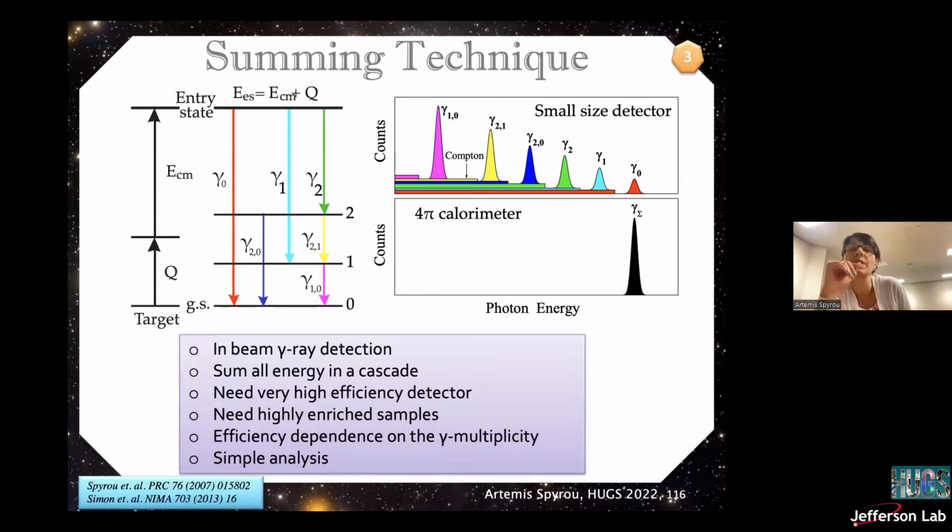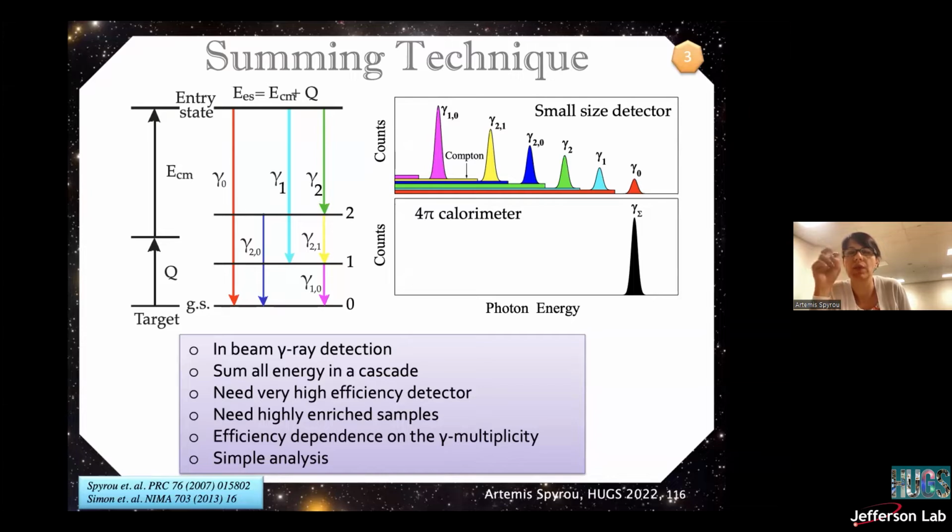For the cosmic rays, I think with the stable beam facilities, if cosmic rays are a problem, then that's when you go underground that I mentioned earlier. Another way that we have dealt with cosmic rays, I've done it in inverse kinematics, but I'm pretty sure you can also do it in regular kinematics, is to have some kind of a pulsed beam, and then you measure beam on, beam off.